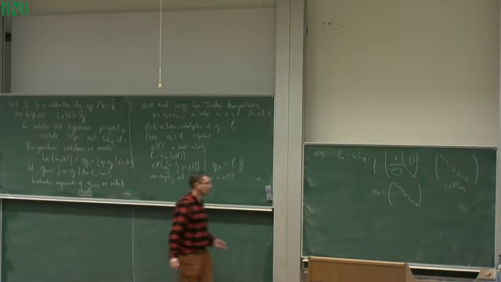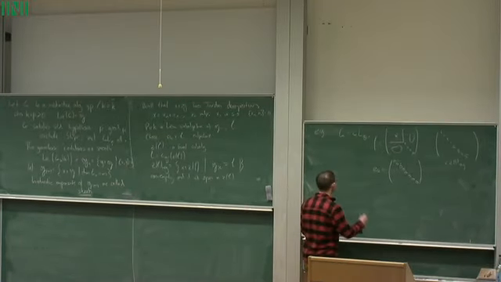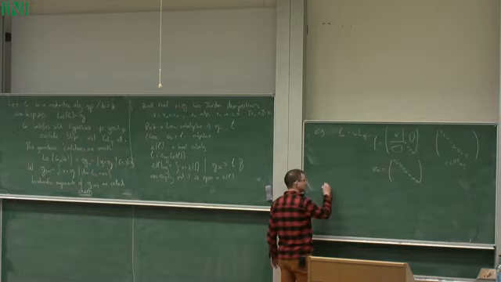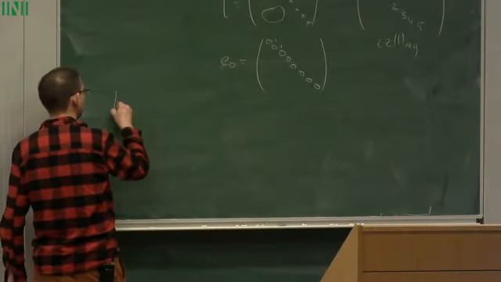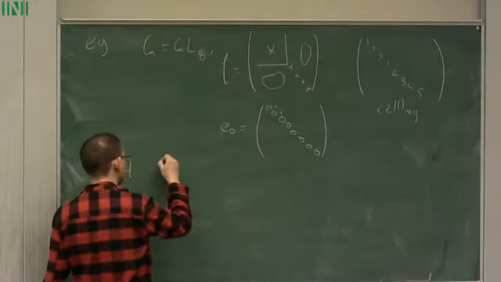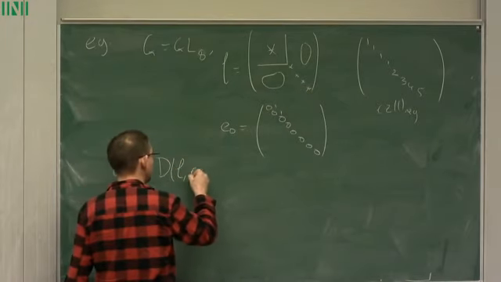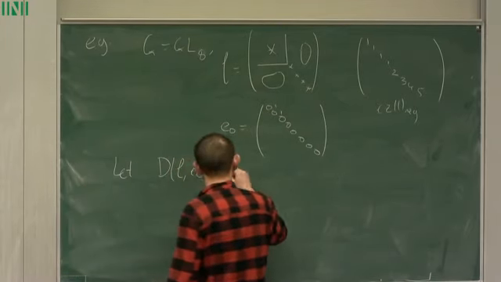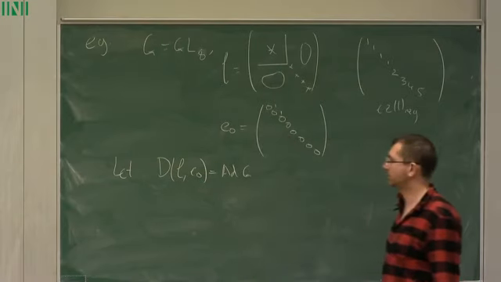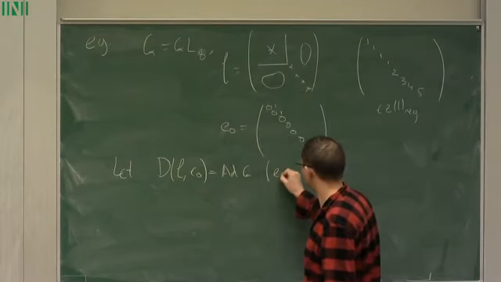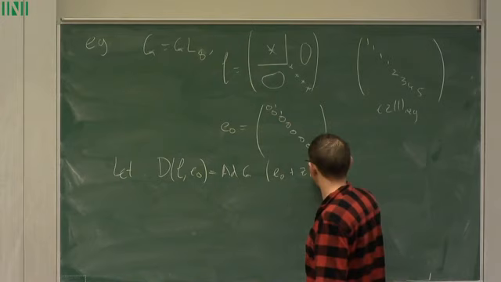And then what do I do with this? I want to form what's called a decomposition class. So let D of LE0 be, so I'll act by the adjoint action of the group on E0 plus ZL reg.